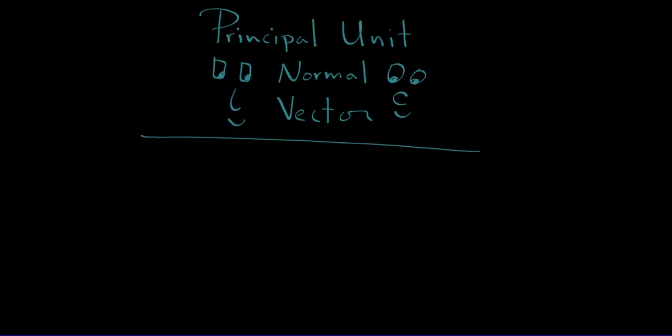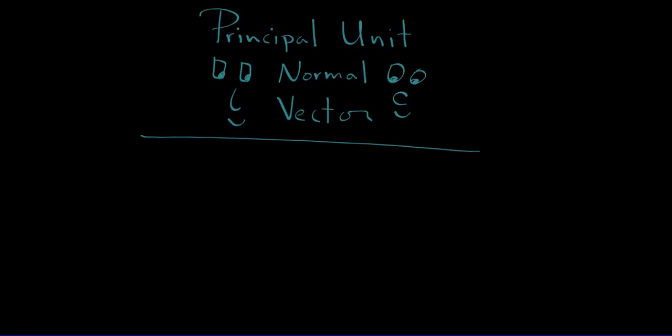What you want is the principal normal vector. There are a lot of different normal vectors, but what we're talking about is the principal normal vector. This is a vector that's going to be on the same plane as the tangent vector, and it points inside the concavity.